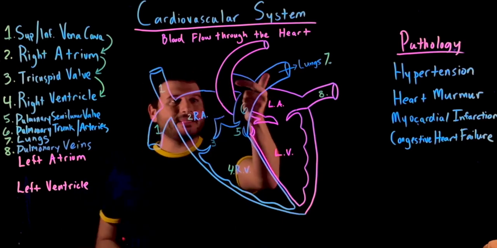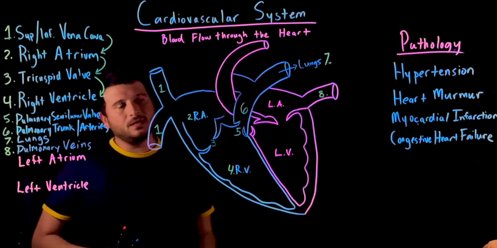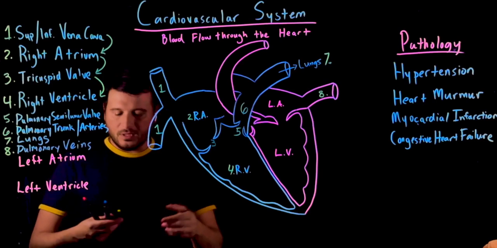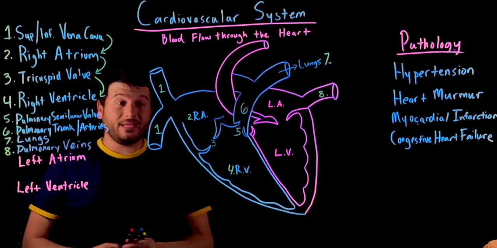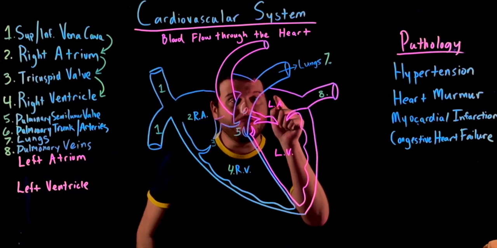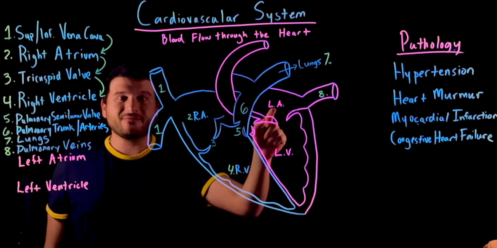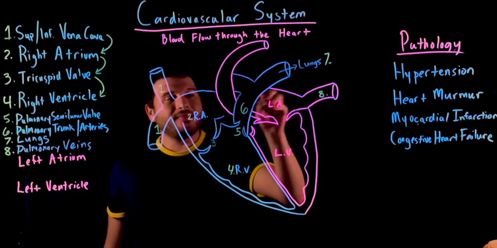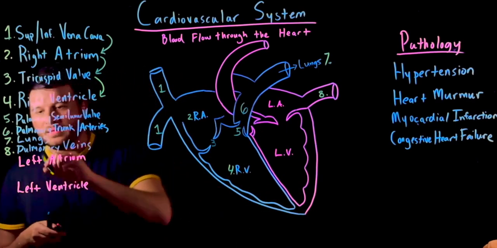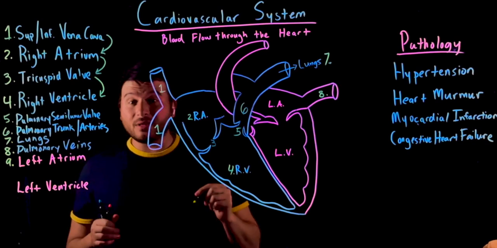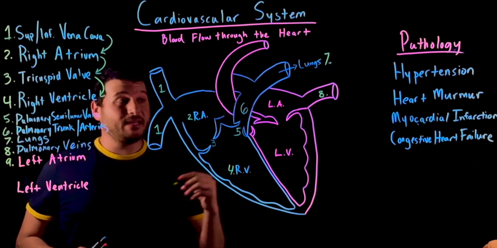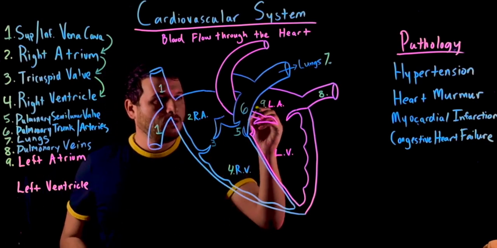There's also one hidden that you can't see because of these vessels, the right pulmonary vein. The left and right pulmonary veins will deliver blood to this chamber. And what was the name of this chamber? The left atrium. So that left atrium there receives blood freshly oxygenated from the lungs.